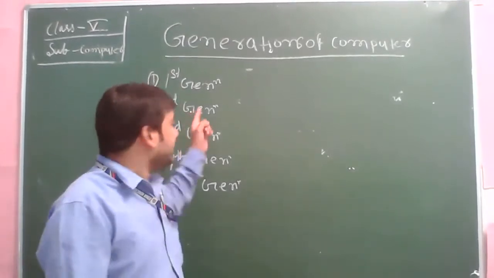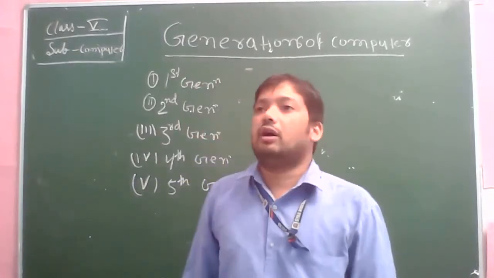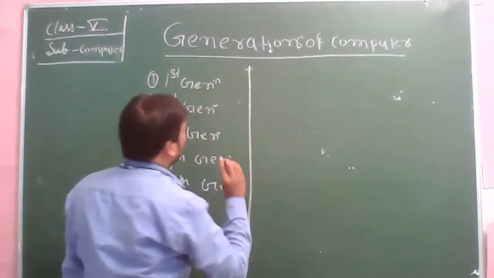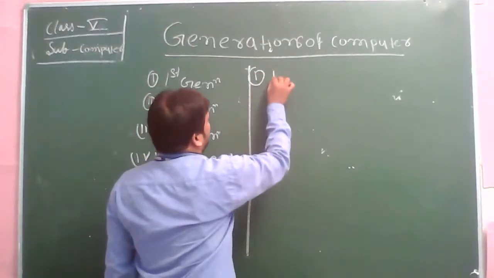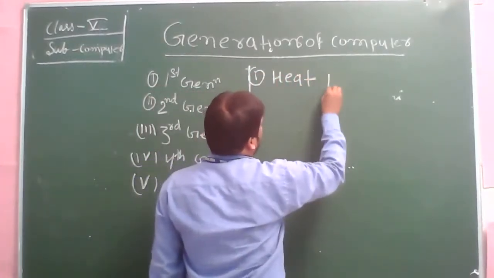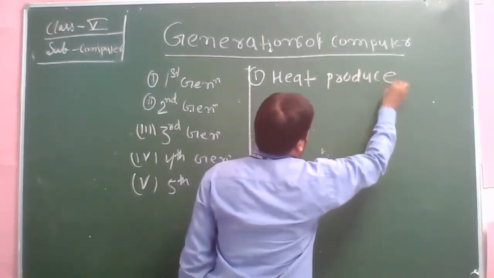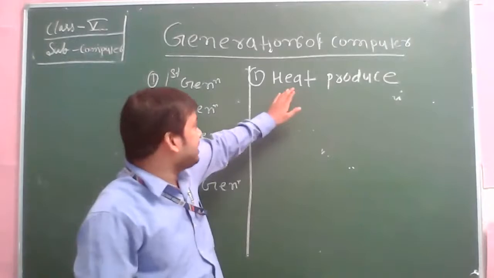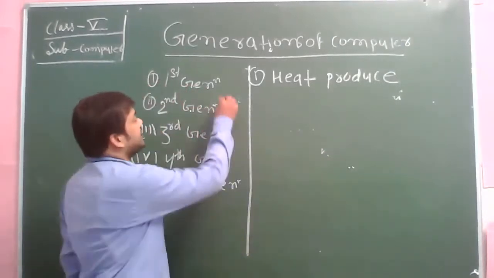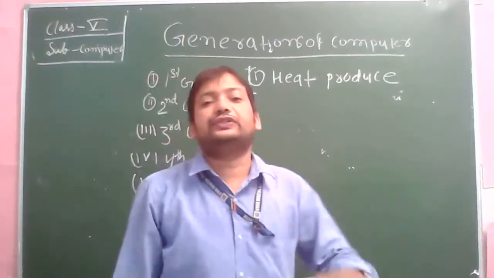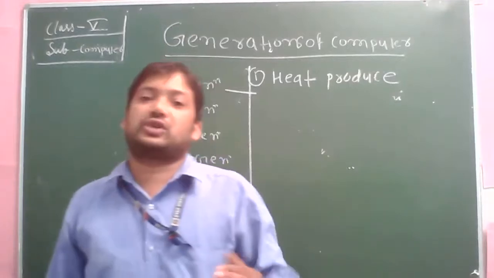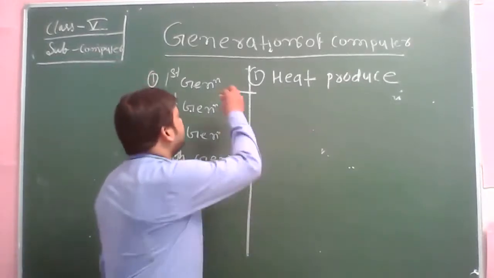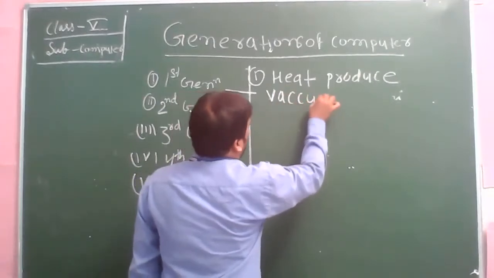In this generation, computers had some drawbacks also. The first drawback is heat production. Now we use different types of processors, like i3 and i5 processors. But at that time the processor in the first generation was the vacuum tube.